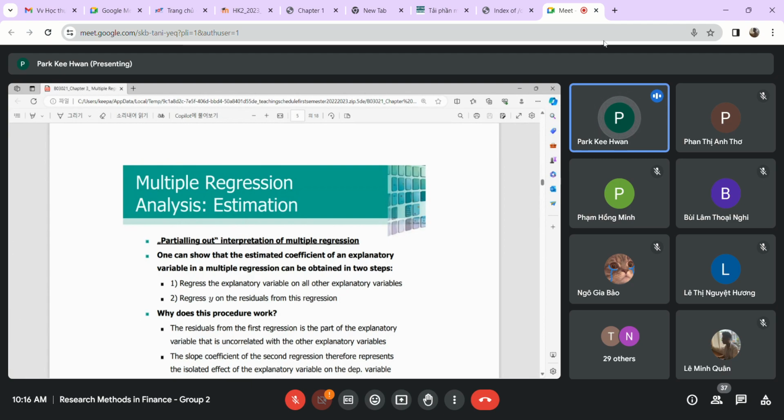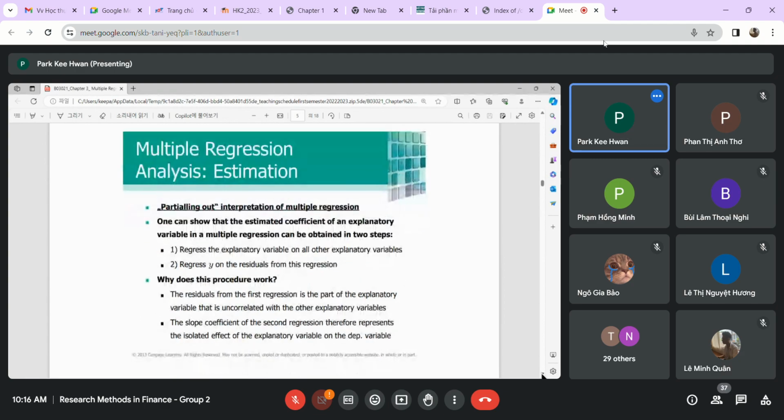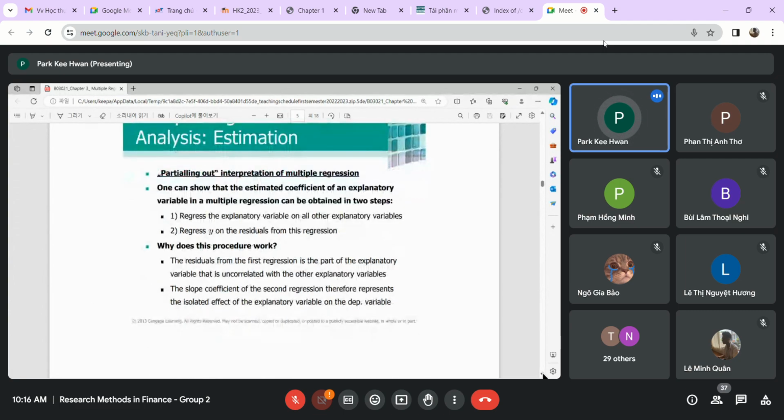Why is that? You can either estimate the multiple regression model or equivalently you can estimate in two steps. I told you the two steps, and your estimate will be the same. Then you may ask why. Remember the residual from the first regression.